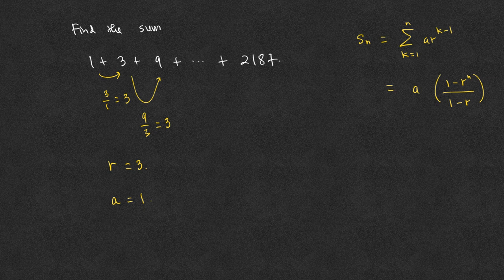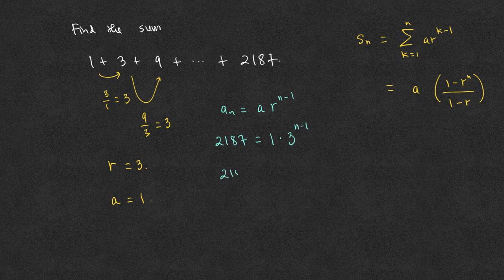First, we know that the nth term has the formula a sub n equals a times r to the n minus 1. And so if the nth term is 2187, we know a is the first term, it is 1, and r is the common ratio, 3. n we don't know, so we rewrite it.